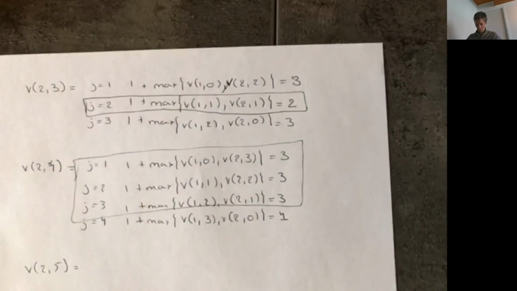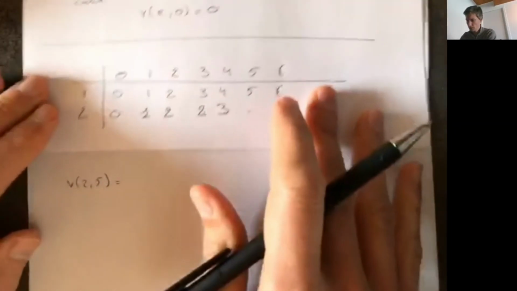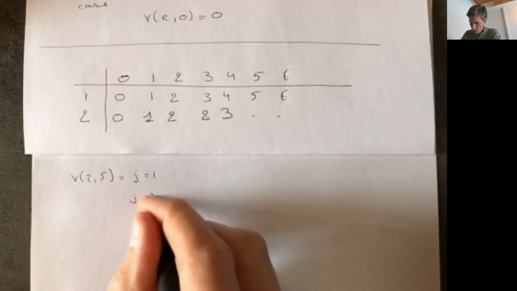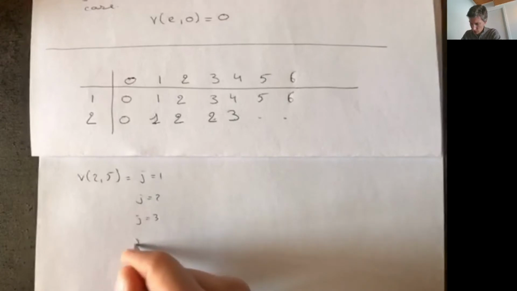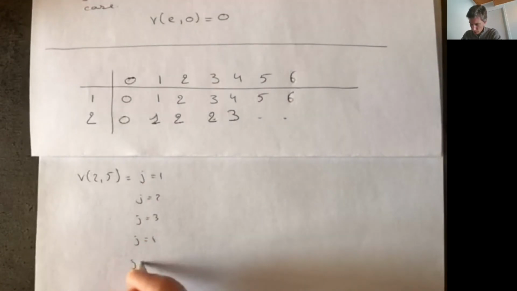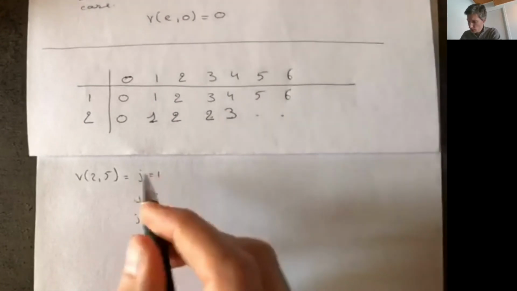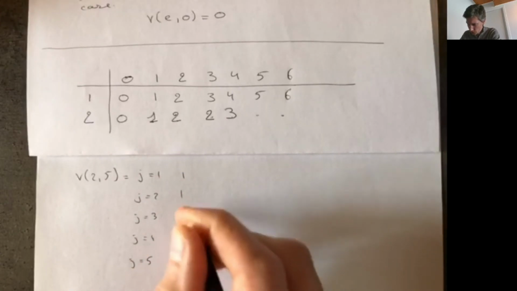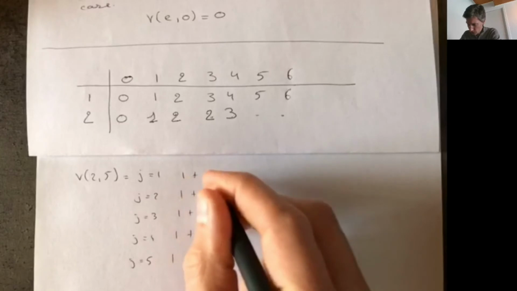Let me put my table here. Okay, so j equal to 1, j equal to 2, j equal to 3, j equal to 4, j equal to 5. Okay, I have 1, 1, 1, 1, 1, plus, plus, plus, plus, plus.